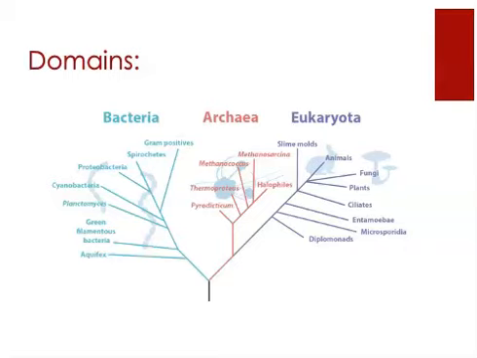Again, it was Carl Woese in the 1970s who discovered that the archaea were distinct enough, evolutionarily speaking. They had their own unique characteristics, their own genetics, their own evolutionary history that made them not a type of bacteria, but their own domain.